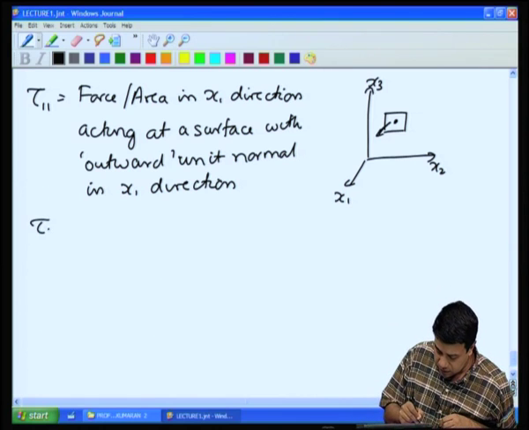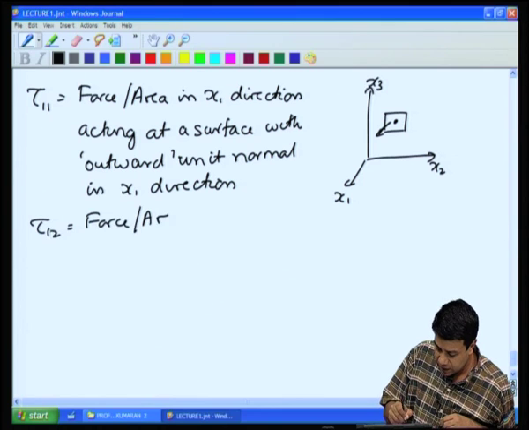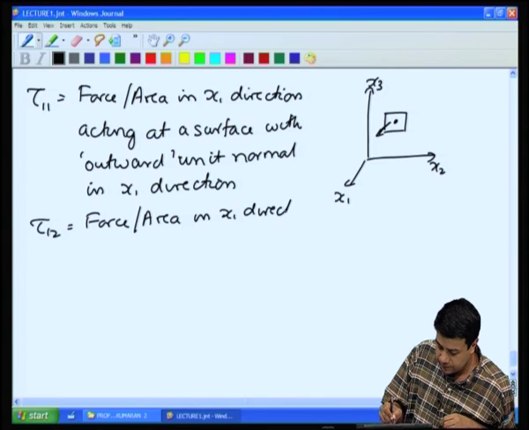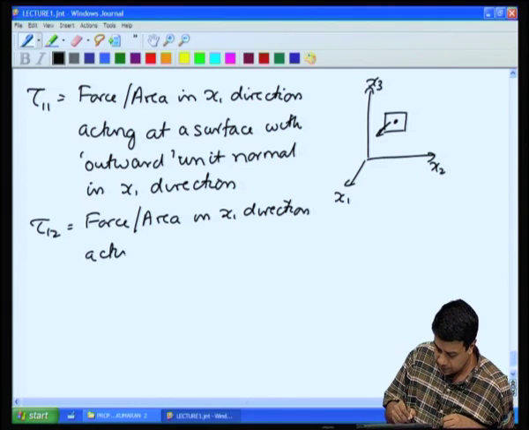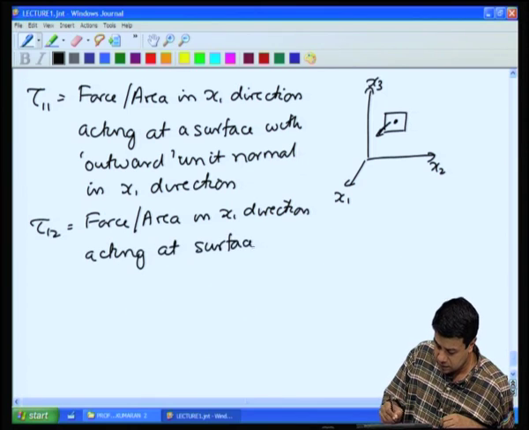Similarly, tau 12 is equal to force per area in x1 direction acting at surface with unit normal in x2 direction.